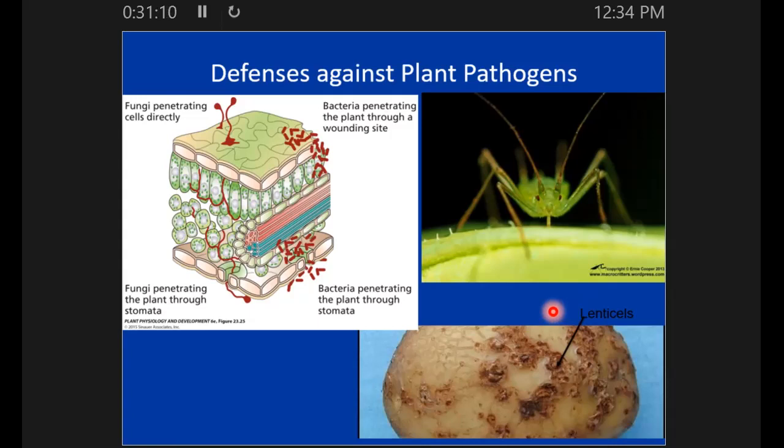And that brown skin of the potato that you eat, that's actually bark tissue. So those are lenticels, and that's another way for microbes to gain entrance because it's a relatively loose area of cells that are not very packed together. And so it's a way for bark tissue to have oxygen flow coming in fairly easily. But that's another entry site for microbes.